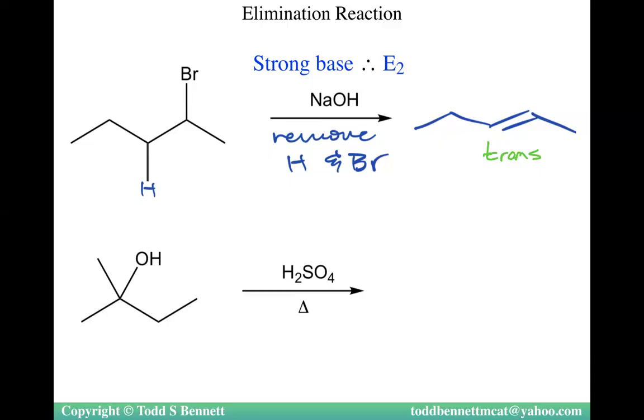So strong acid, this OH has lone pairs, it can come over and pick up an H, turning it into OH2 plus, which can leave. When it does, you're going to get elimination. So strong acid is going to cause elimination. So let me go ahead and get rid of what I've drawn there.